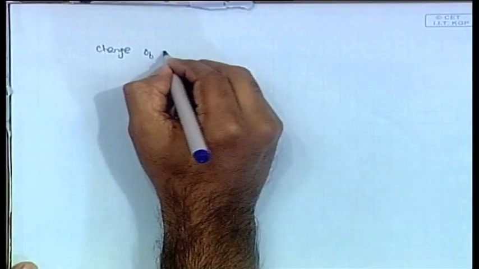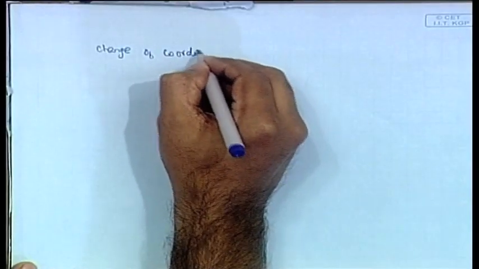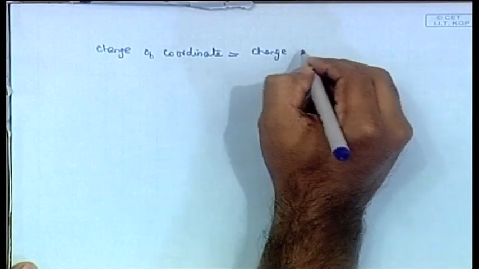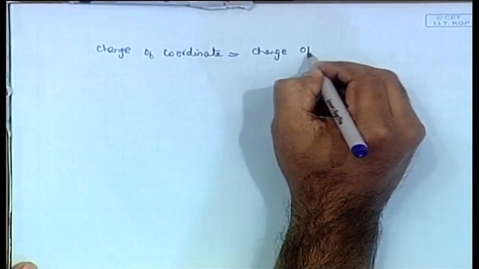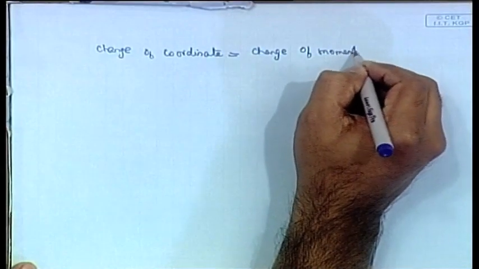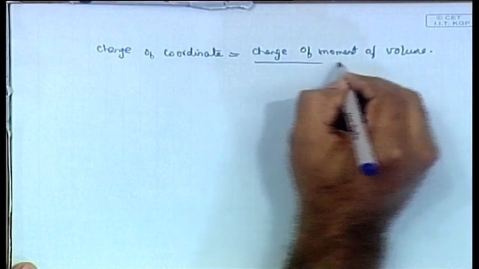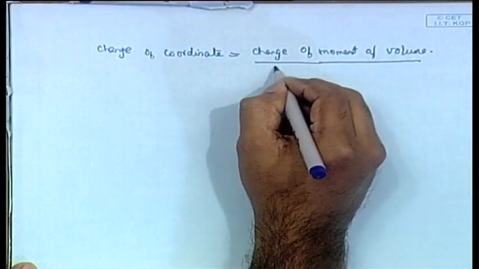So, the change of coordinate will be given by the same expression. I am taking it from that only, the change of moment of volume, where I just change the mass to volume: change of moment of volume divided by the total volume.